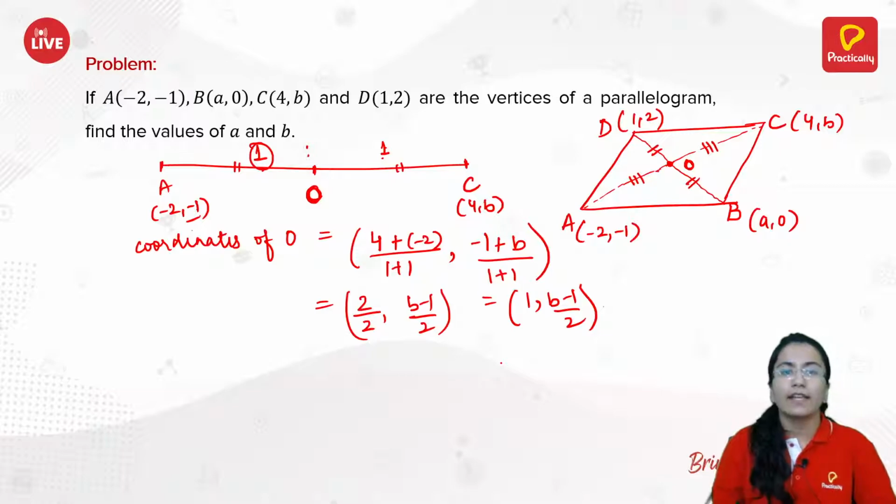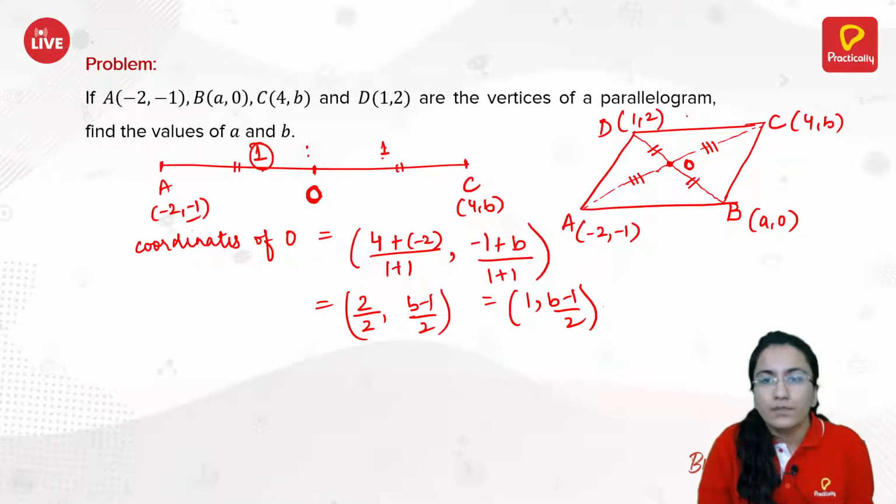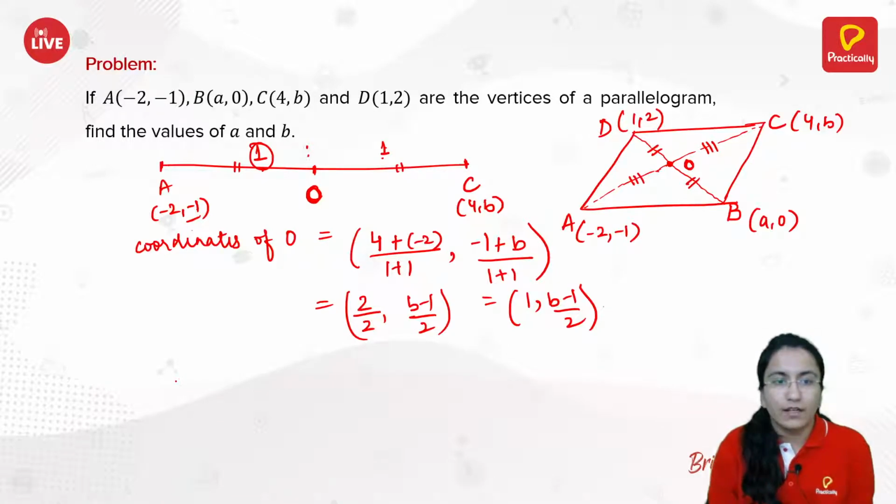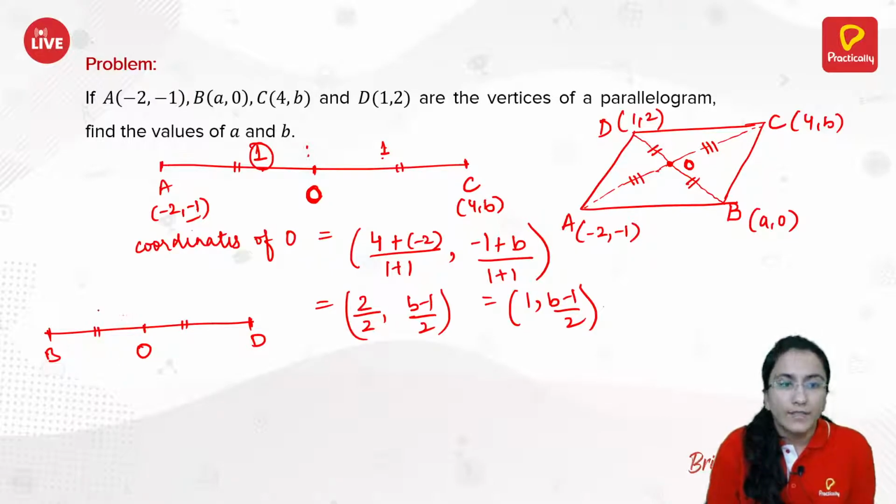So you have the coordinates of point O in the form of b, right? Let's again calculate the coordinates of this point O using the diagonal BD. Here you have some point O in between, and these two lengths are the same. That means it is in the ratio 1:1, right?